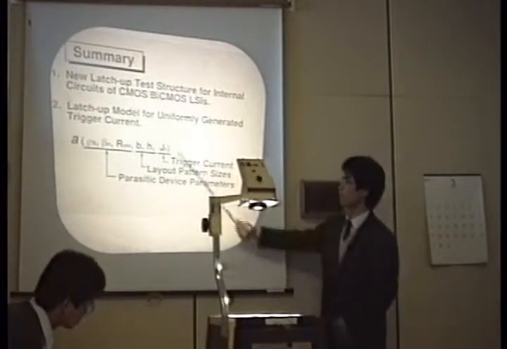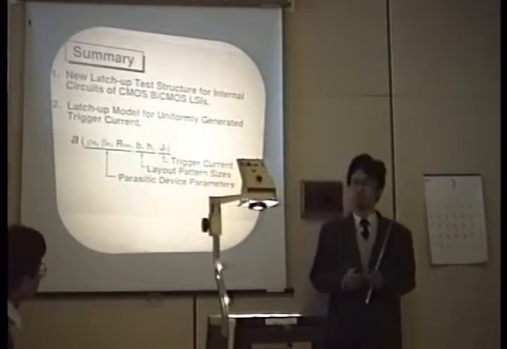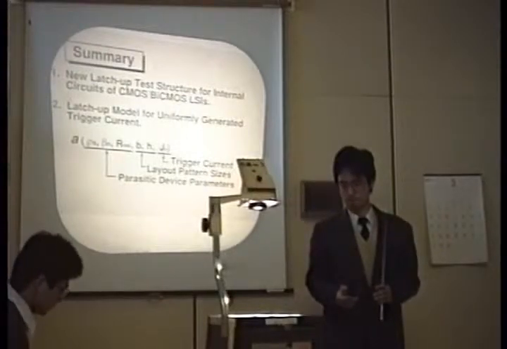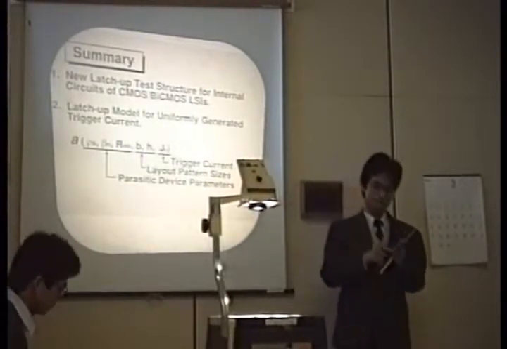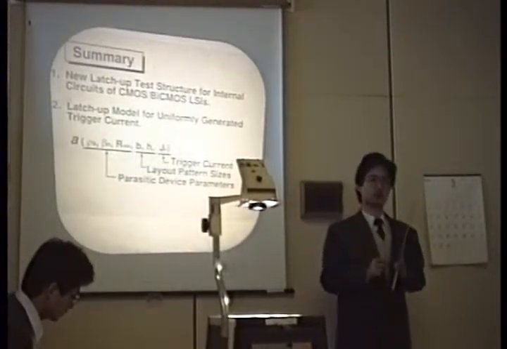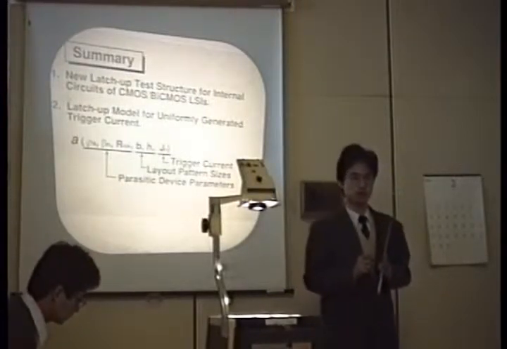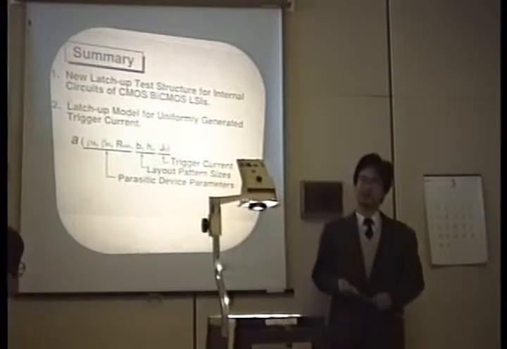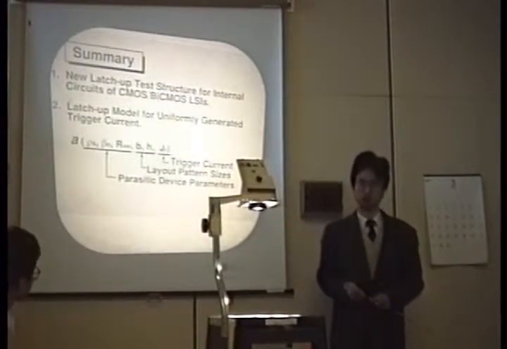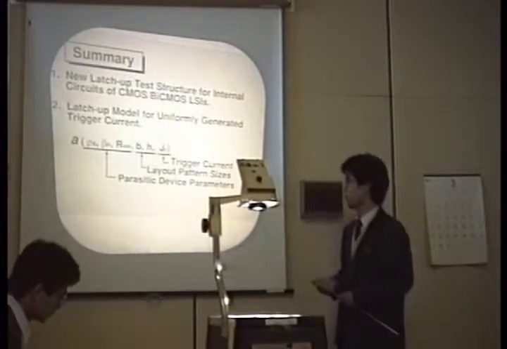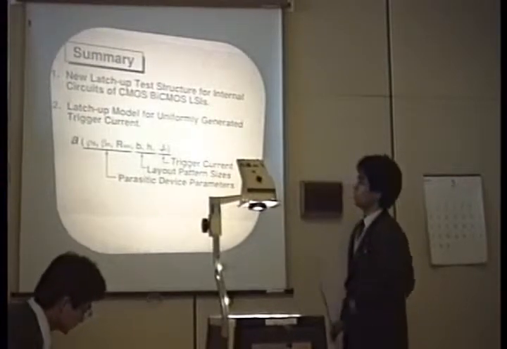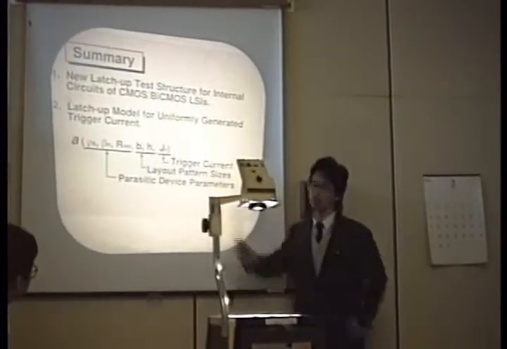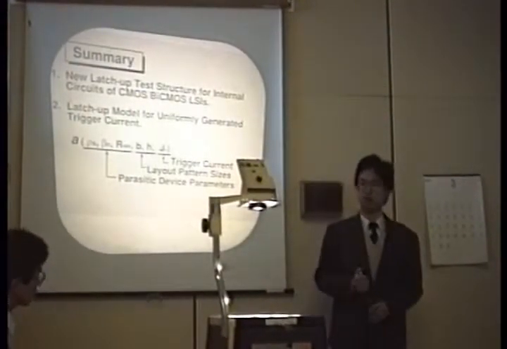When the H parameter is changed from 50 micrometers to 30 micrometers, the character radius A is decreased by about 20%. It's very important. But the pattern size B is not so important.